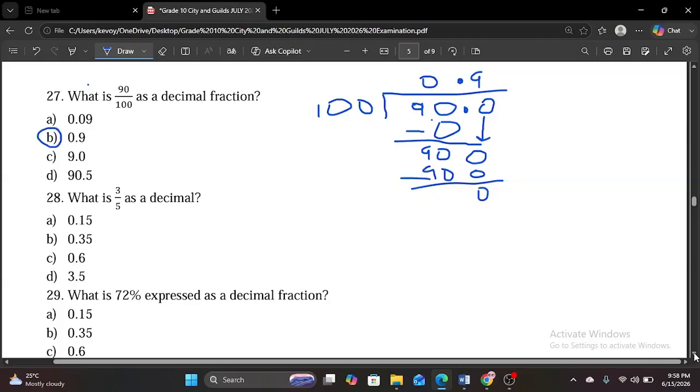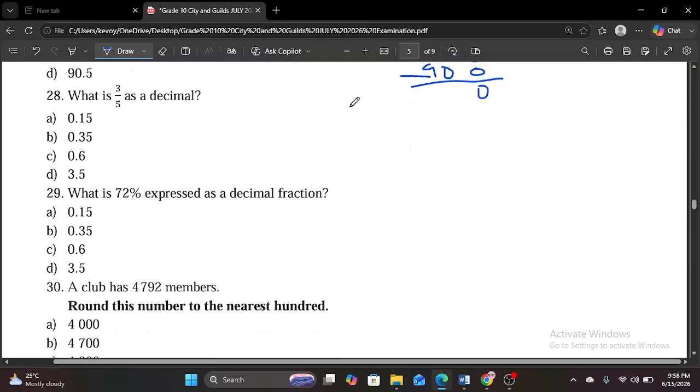Going down, what is 3 over 5 as a decimal? So we're going to be doing that. So 3 over 5 as a decimal, and we just divide again. That's going to be 3 divided by 5. How many times can 5 go into 3? We can't. So put a 0 right there. And then the multiply comes second.